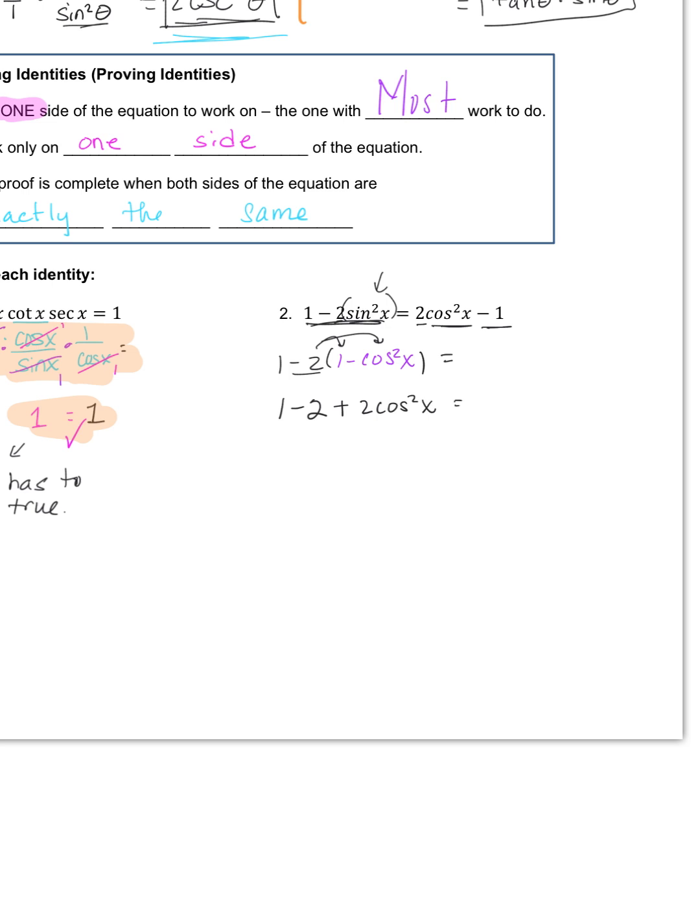I'm just going to put an equal sign here because I still want to prove what's on the right. So it's getting there. I have a 2 cosine squared, so now I just need this minus 1 here. So let's combine like terms. 1 minus 2 is negative 1, plus I don't get to do anything else. Okay, so I'm getting there.